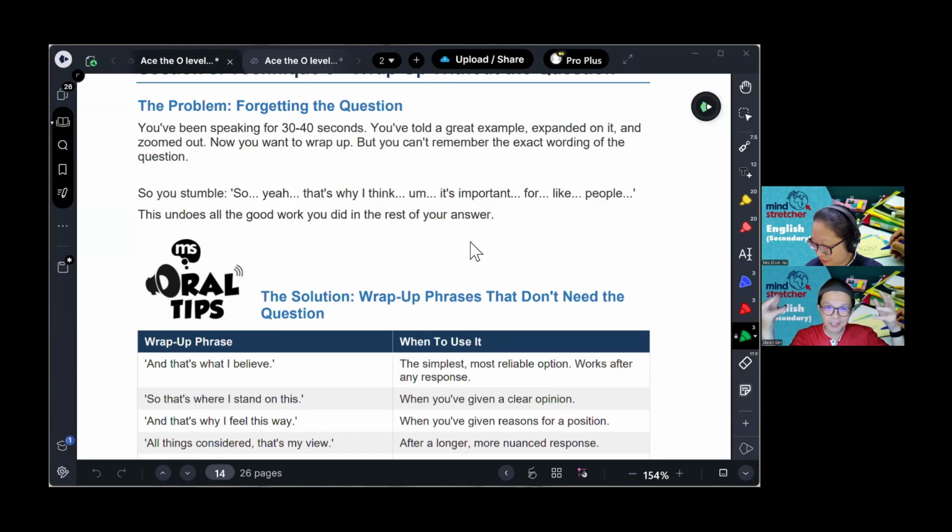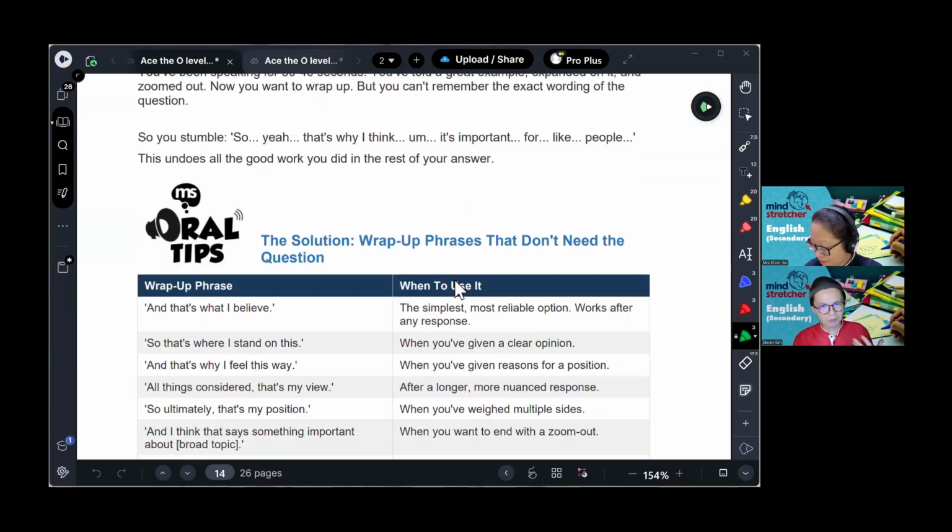And then there's a runway and I have all of these things inside my head. And then towards the end, I go, blank. Don't do that. The problem is that you feel as if you're being forced to come up with a summary and you can't remember the question and you can't summarize and then now you feel panicky. But you don't need to because you can just wrap it up.